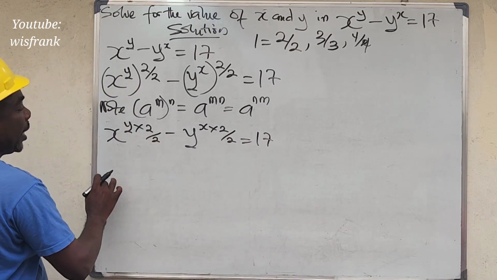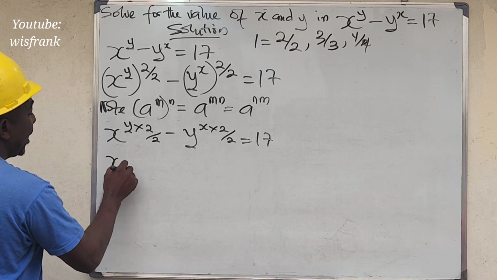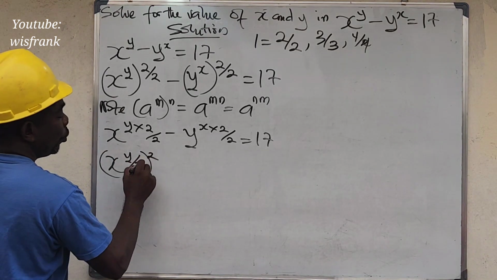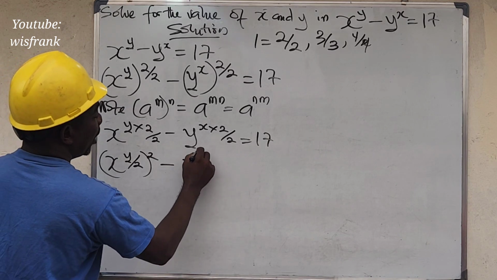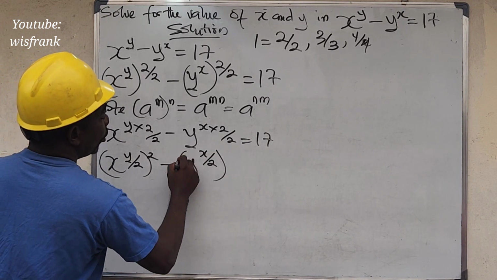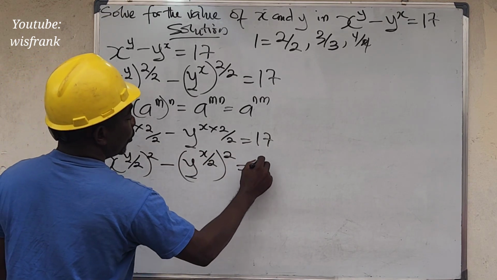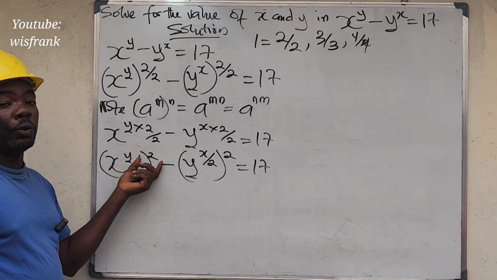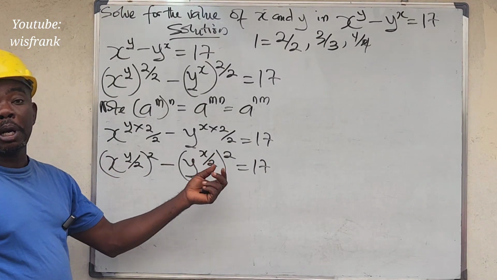We can interchange here. So this can be written as x to the power of y all over 2, all to the power of 2, minus y to the power of x all over 2, all to the power of 2, equals 17. You can see that we have this parenthesis to the power of 2 and also this parenthesis to the power of 2.